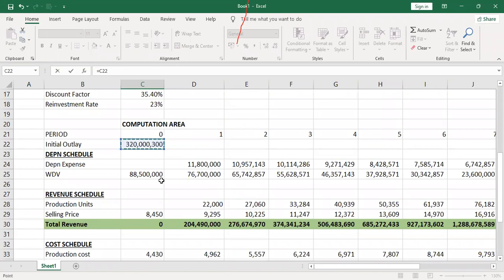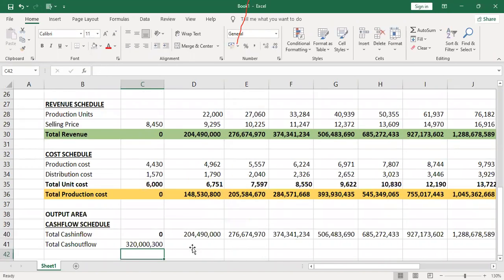Press enter. What constitutes your total cash outflow from year 1 up to year 12? Production costs. Yes.